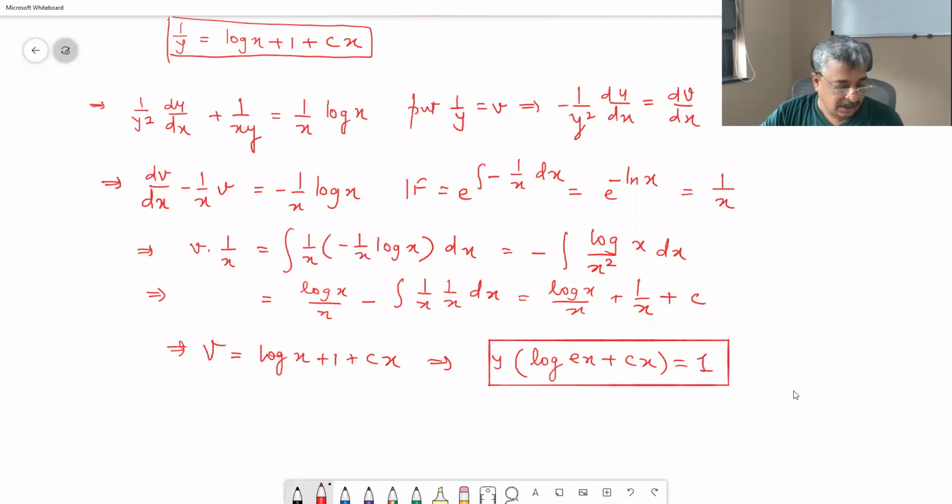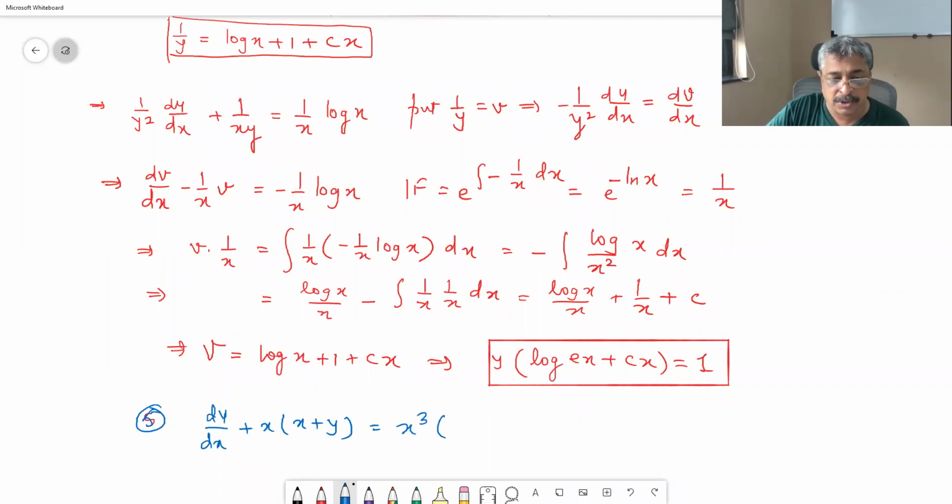Let me give you the last of Bernoulli's form. 5. dy by dx plus x inside bracket (x plus y) is equal to x cube inside bracket (x plus y) raised to 3 minus 1.